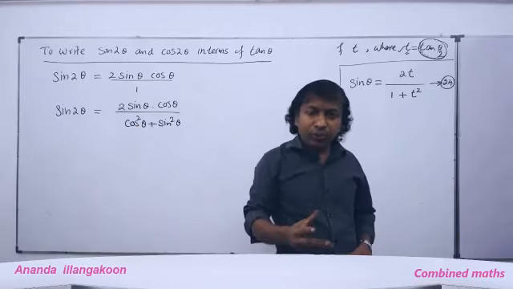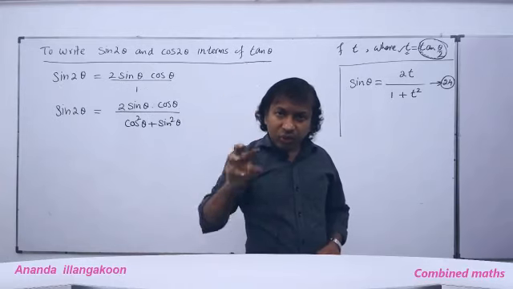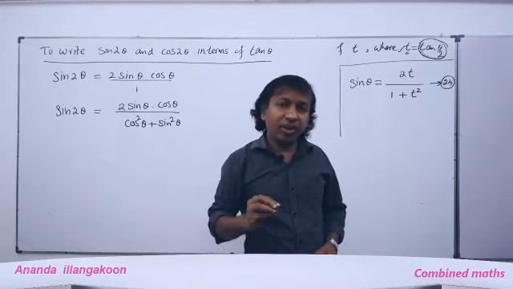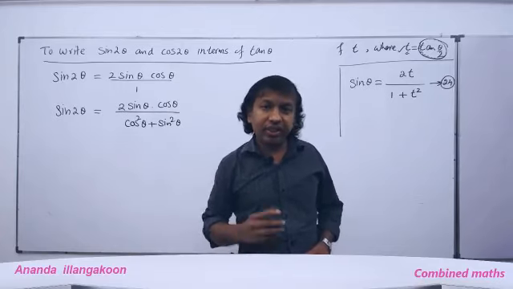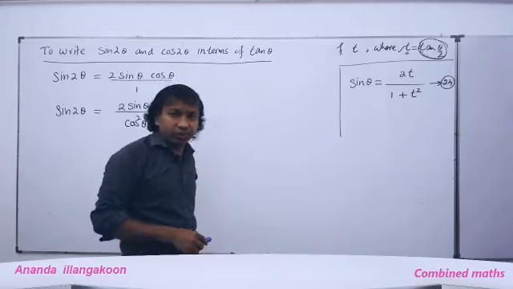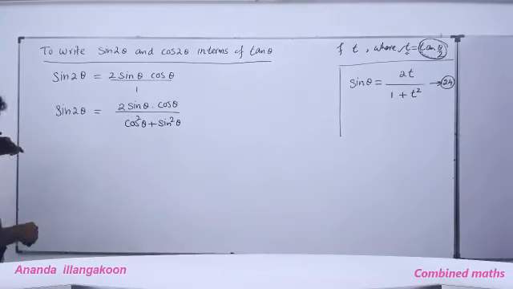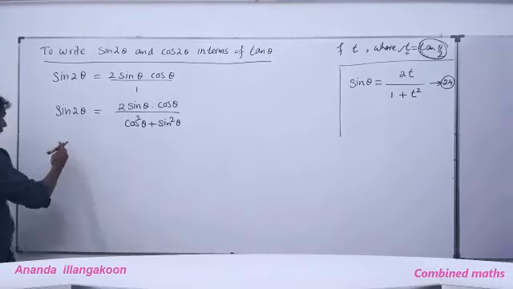Now what we do? Now both numerator and denominator we divide by cos squared theta. Then we get the right hand side in terms of tan theta. Understood? Right. Now start.